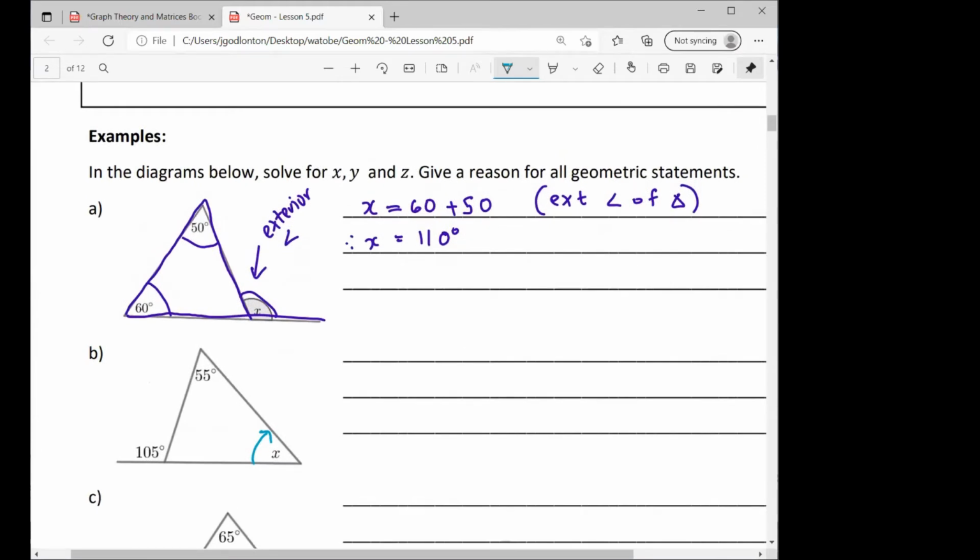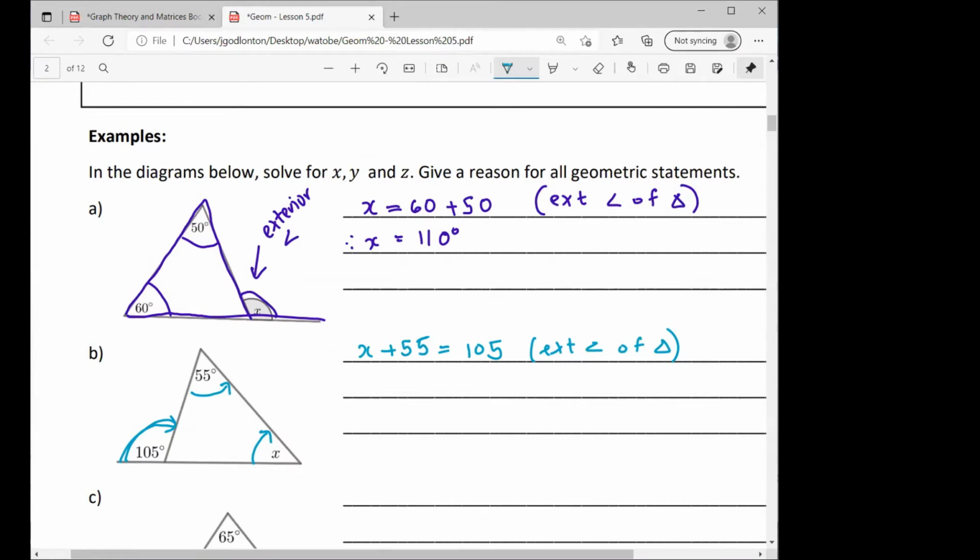Yes, there we go. When we're looking at this question, these two interior angles have to equal my exterior angle. So x plus 55 has to equal 105. And my reason is exterior angle of a triangle. Remember, we need to write our reasons. Every time when we're practicing, we write our reasons, even though it's boring and irritating.